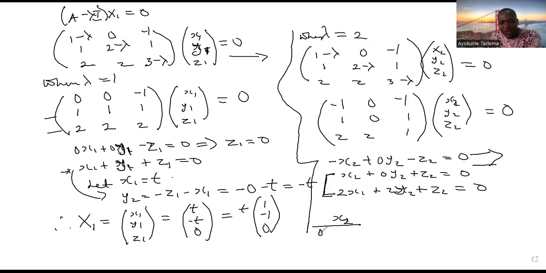We have 1, 2, and 1, 1. And the last one is z2 over, and you don't write the coefficient of z. You have 1, 2, 0, 2. Now from here, we have that.